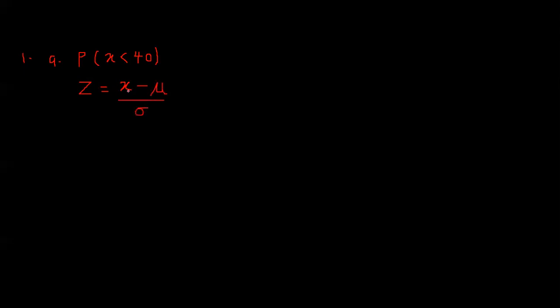So x is the value that has been given, mu is the value of the mean, and sigma here is the value of the standard deviation. So in this practical, we are going to use this formula because it refers to the normal distribution.